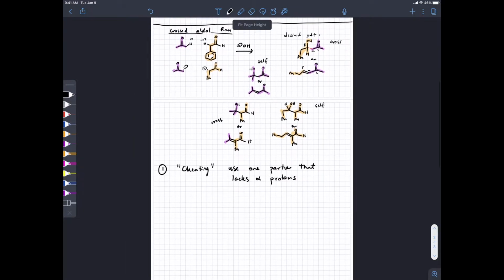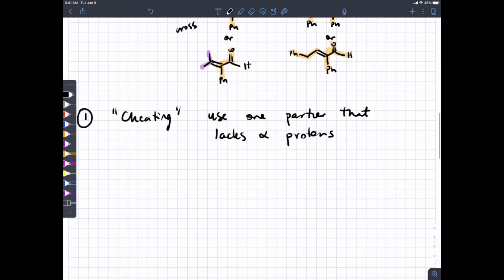An example of avoiding the mixed aldol problem, and this isn't going to give us the same product, but if we wanted to get exclusively one aldol product, you can use benzaldehyde or some other aldehyde where there are no alpha protons. Do you see that?